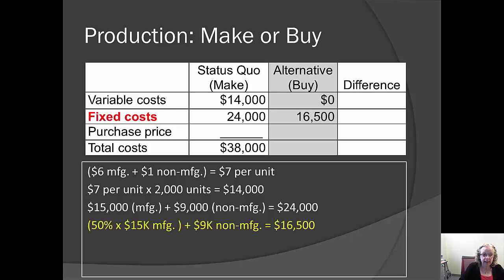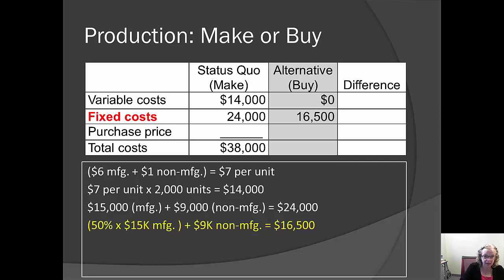For whatever reason, their fixed manufacturing costs will be reduced from $15,000 to $7,500 per month, but their $9,000 non-manufacturing fixed cost will remain unchanged.